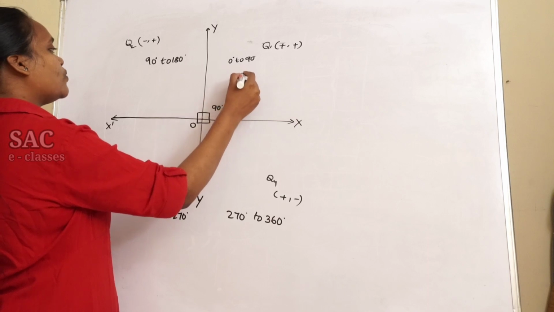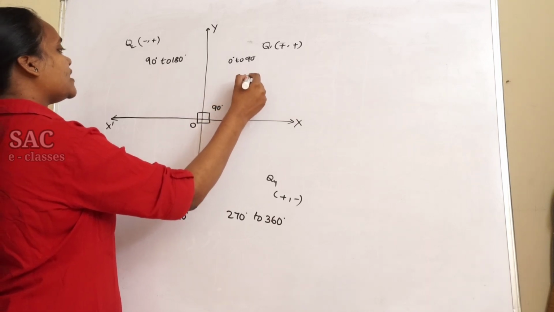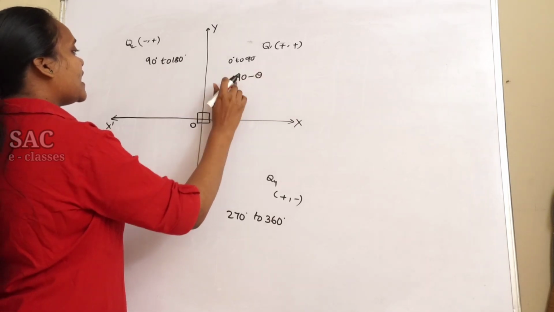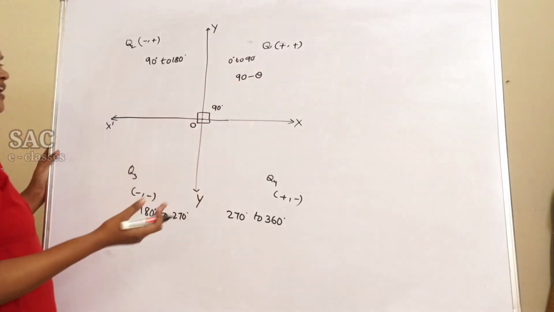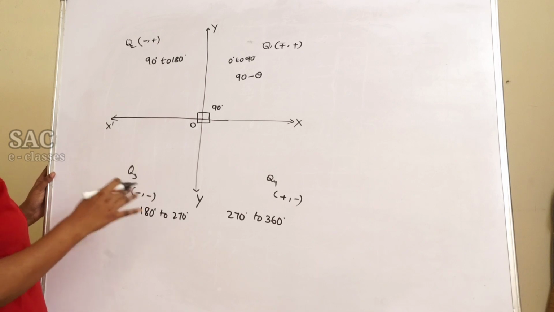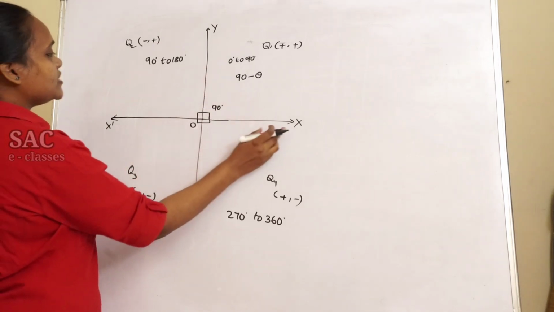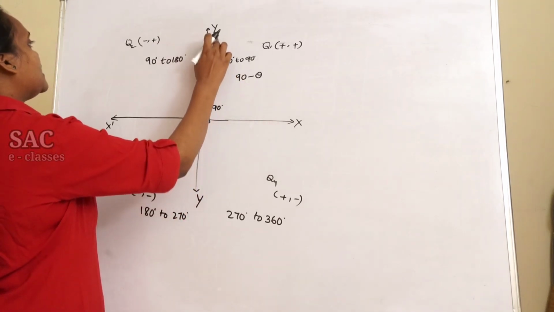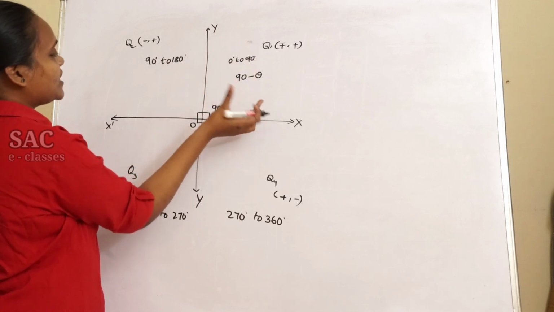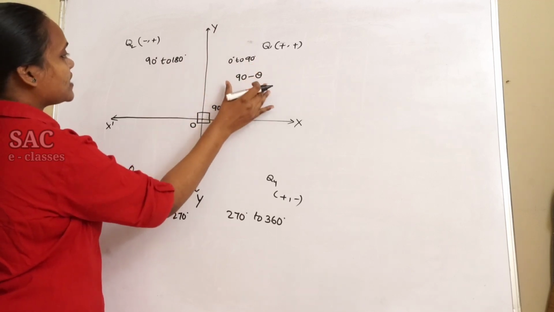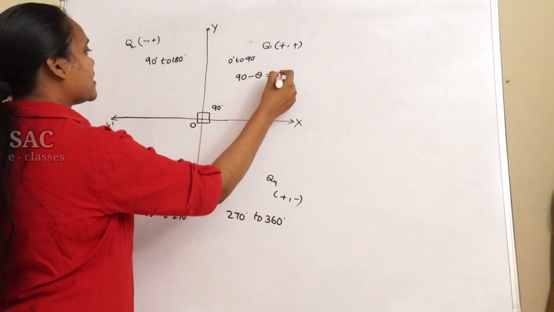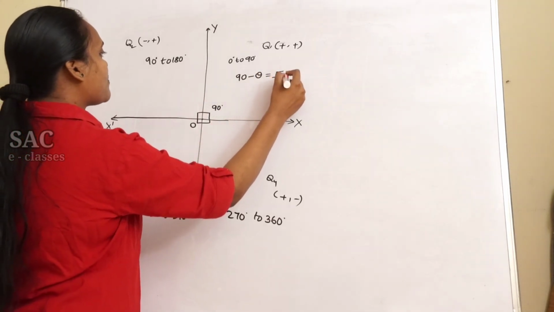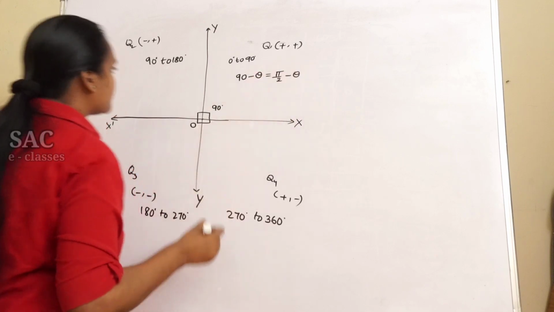Above 0 and below 90 can be written as 90 degrees minus some angle, that angle being 1 degree, 2 degrees, or whatever it is. 0 means the x-axis, 90 means the y-axis. In between 0 and 90, it is the first quadrant. That means 90 minus theta, and according to radian measure, pi by 2 minus theta.